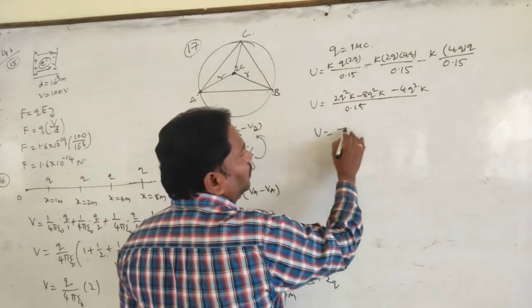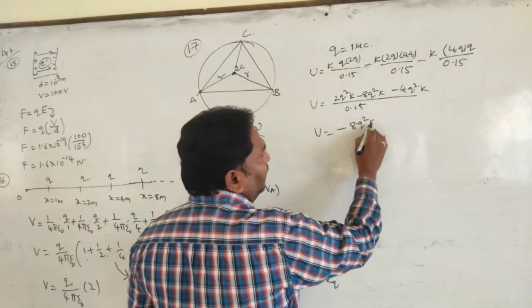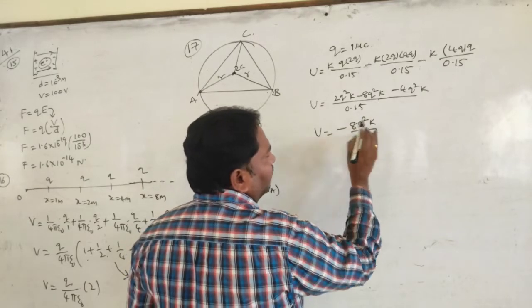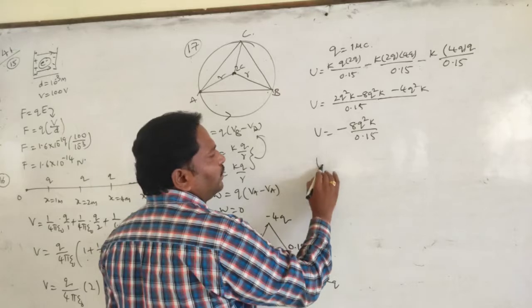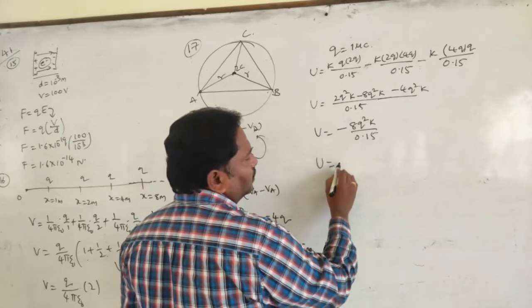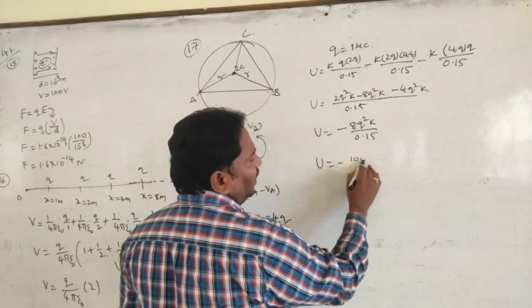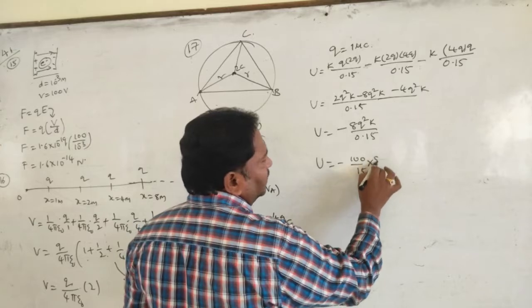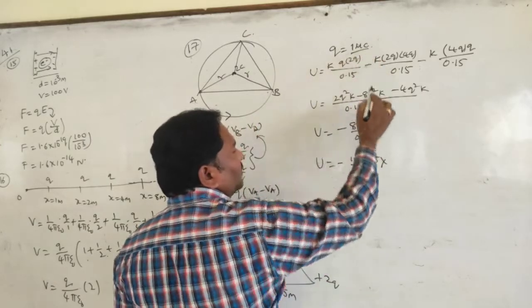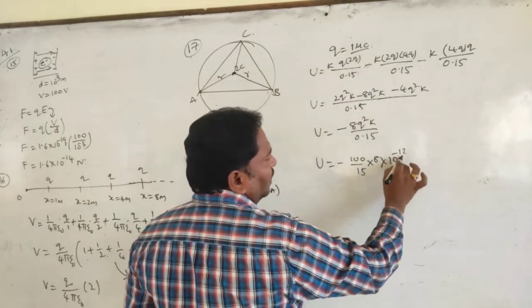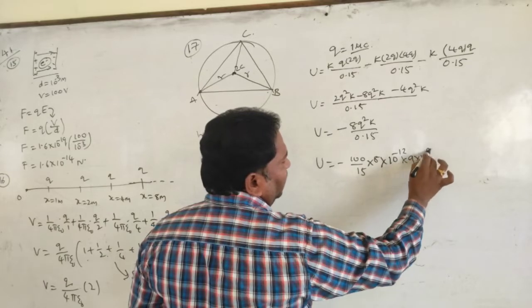So U is equal to minus 8Q square K by 0.15. Now U is equal to minus of 100 by 15, 18, Q square means 10 power minus 12, 9 into 10 power 9.